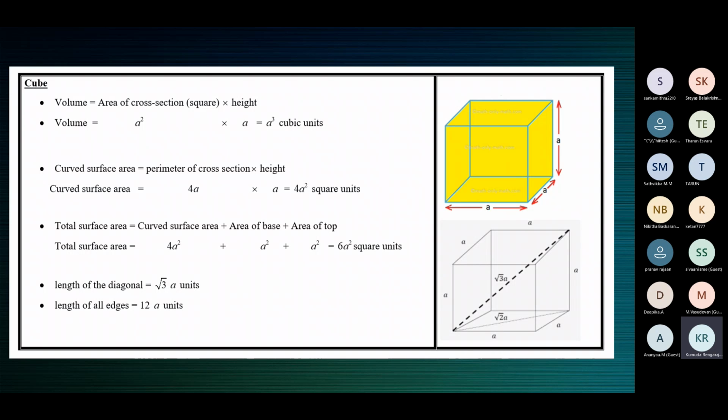Is that fine? A cube has a uniform cross section, because identical squares are stacked up. So we say that a cube has a uniform cross section, the cross section being a square. Understood, children?